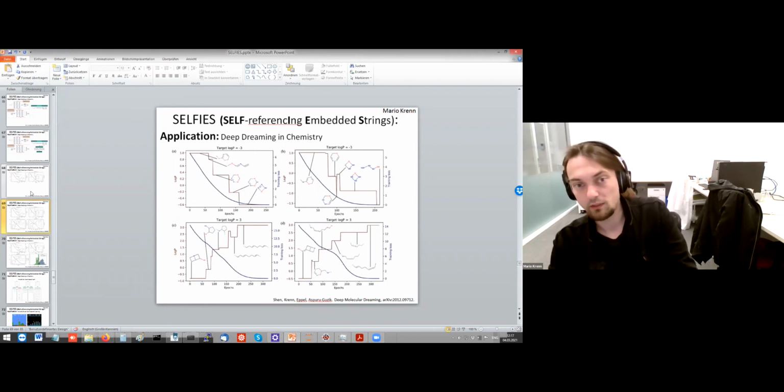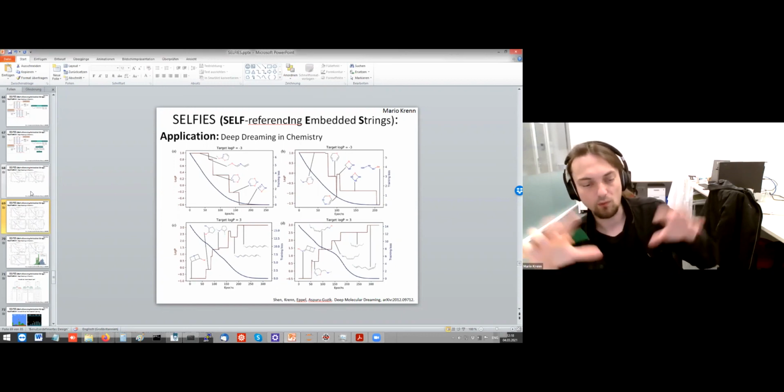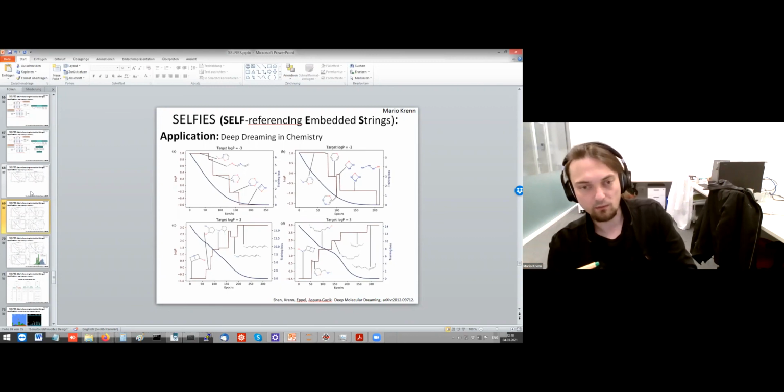Otherwise, you would not see this downward trajectory or this upward trajectory. And because of that, I think that even if there are more molecules in your latent space, you can use them really as resources, because it seems that there is a structure property relation very clearly.